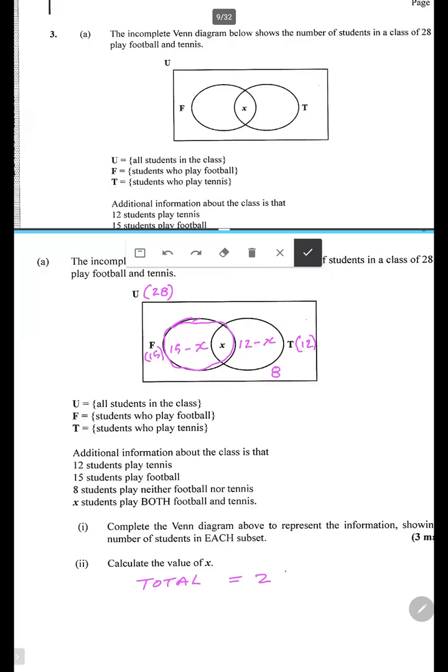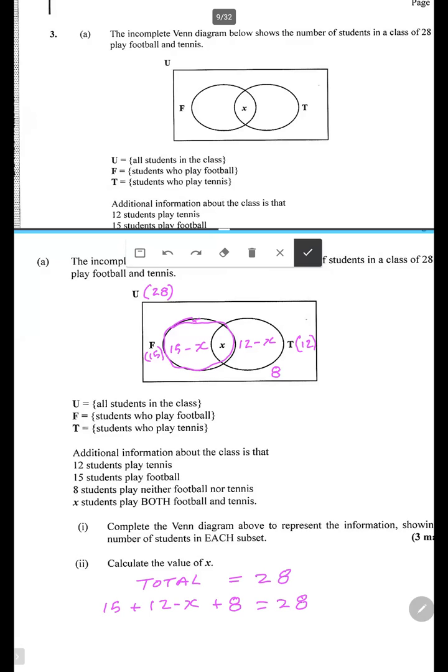So I'm going to say 15 plus 12 minus X plus the 8 outside must equal 28. And you solve this for X.